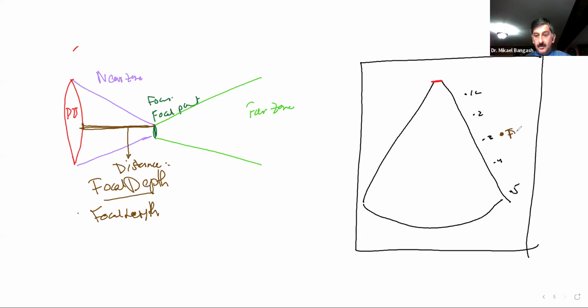So this is going to be our focus at a depth of 3 centimeters. Did that make sense? Which mainly causes that from your transducer to that depth of 3 centimeters, this is going to be your near zone.